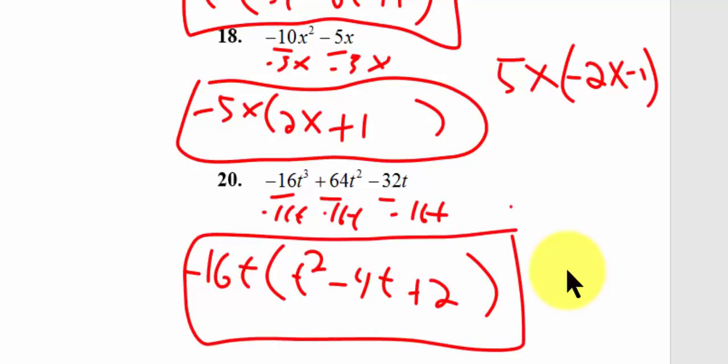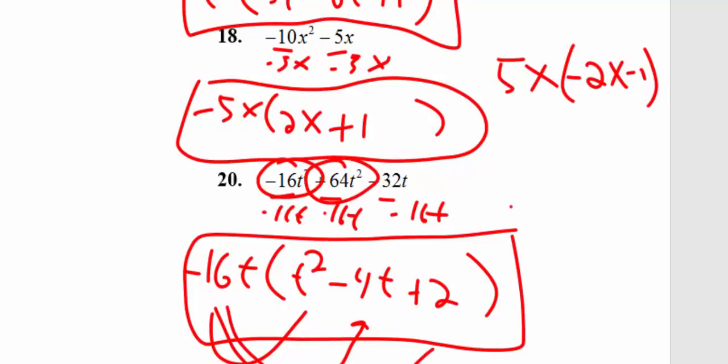And that would be my final answer. And you can always check your work. Negative 16t times t squared gives me negative 16t cubed. Negative 16t times negative 4t gives me positive 64t squared. And negative 16t times 2 gives me negative 32t. So it all works out.